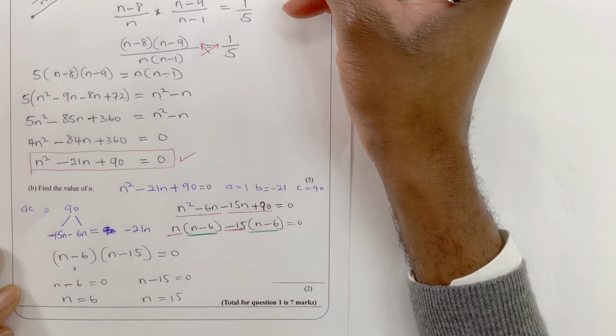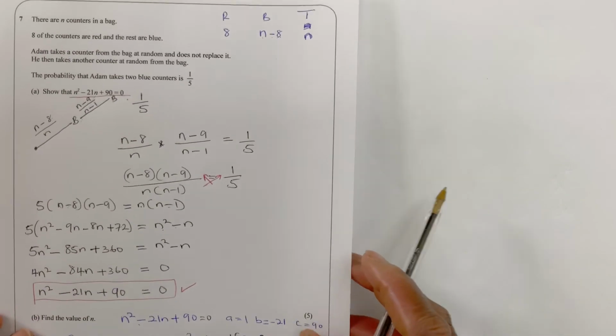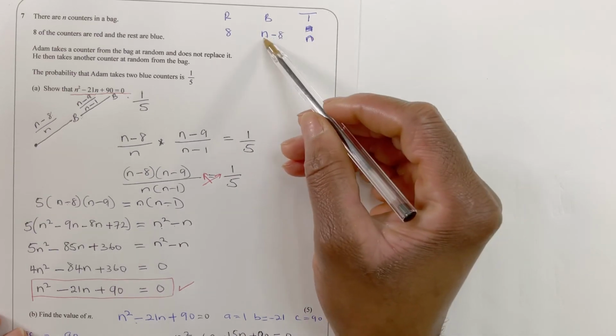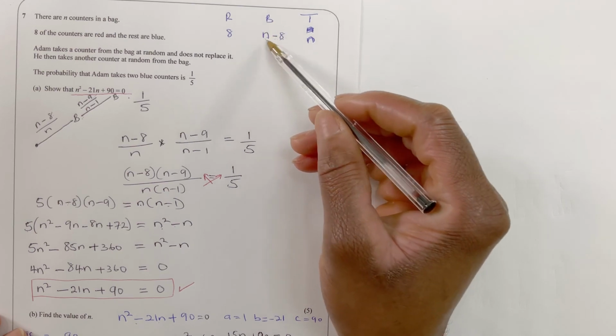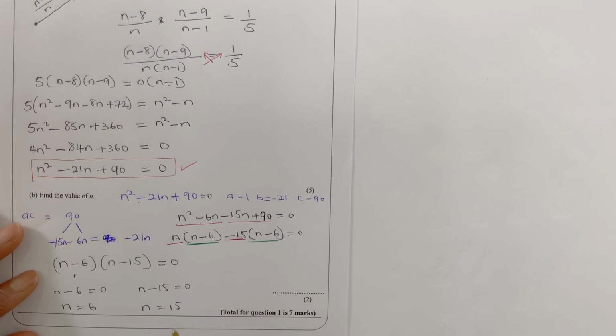If n was 6, and I come back here, well, that can't be 6, because that means there'll be minus 2 blue, and that cannot be right. So n has to be 15. So the true answer will be 15, not 6. So I would put here n equals 15.